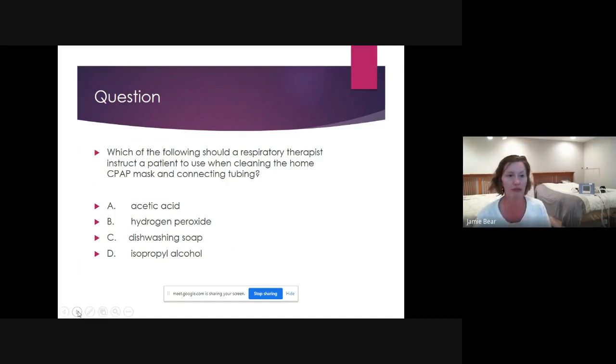I put this on here because when they talked about home nebulizers, they were talking about acetic acid, so vinegar. But for home CPAP mask and connecting tubing, they said dishwashing soap. It just depends on which one you're looking at. So for the home CPAP, I would choose dishwashing soap.